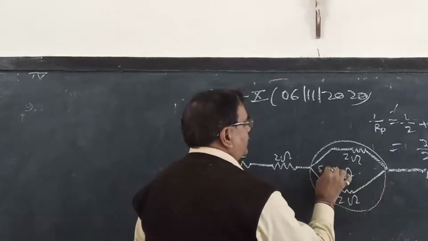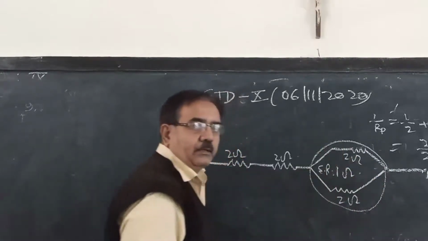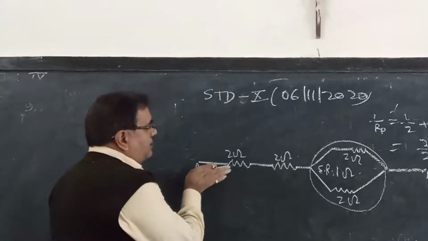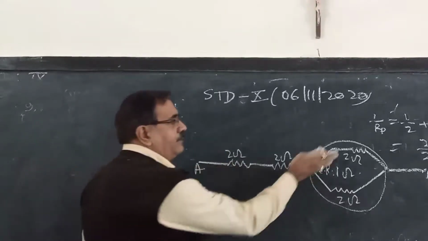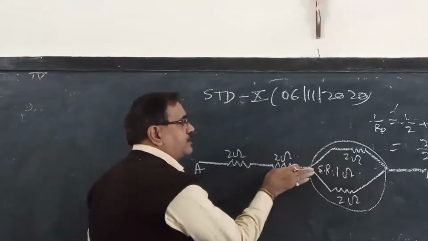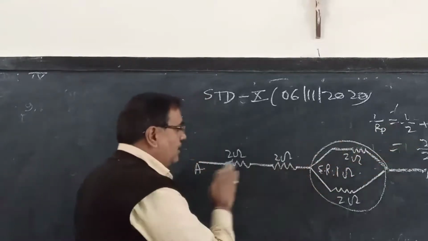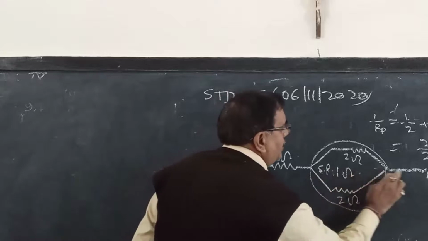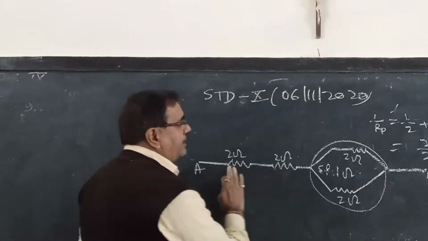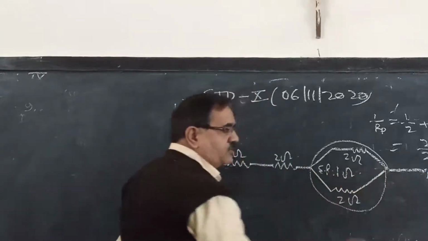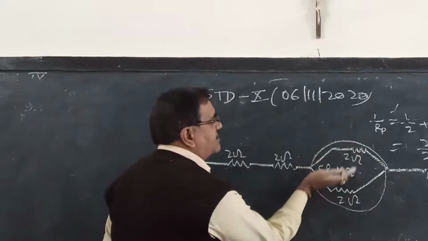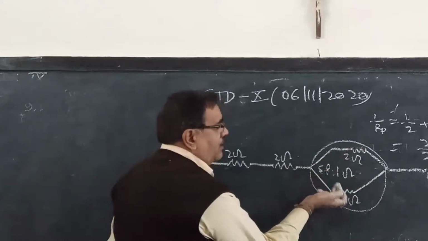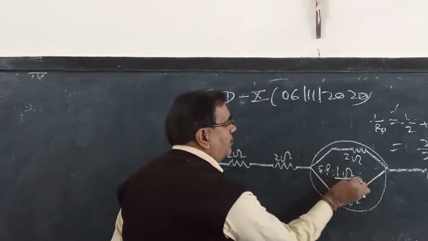So the equivalent resistance of these two is 1 ohm. After finding the equivalent resistance of these two, the rest is considered to be in series, one path. Now the current comes this way through the equivalent resistance up to B. So this is a single path. First you have to find the equivalent resistance between the two different paths, which comes to 1 ohm.